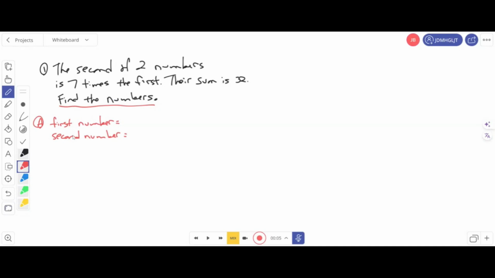So we're talking about a first number and a second number. In these kind of problems, we need 2 sentences. It would be helpful if we had a sentence that said the first number is da da da da, and another sentence that says the second number is da da da da da da.